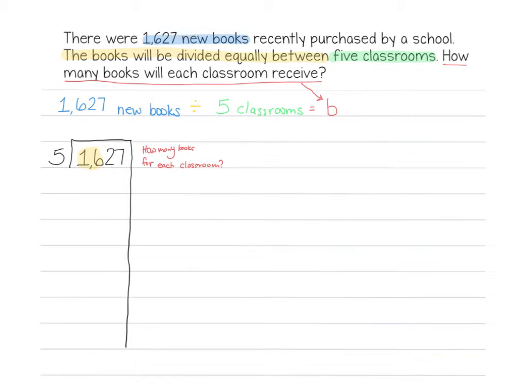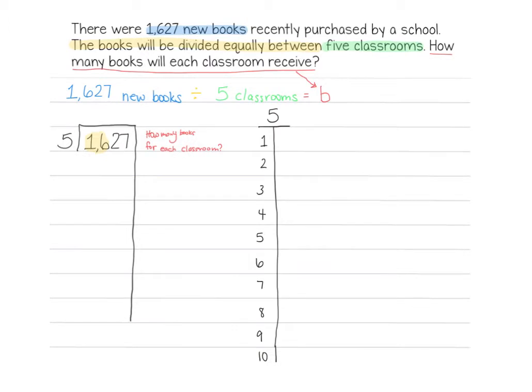Go ahead and quickly make your T-chart and count by groups of 5. Pause the video so that you can do this. It should only take you a few seconds. Great, so where does the number 16 fall on our groups of 5?